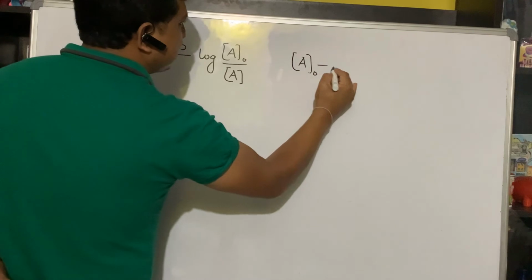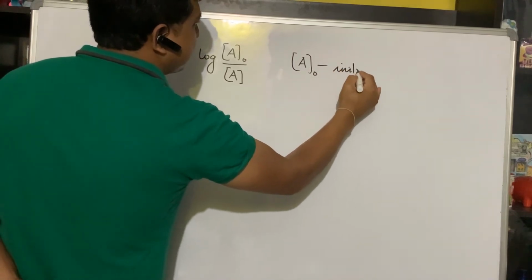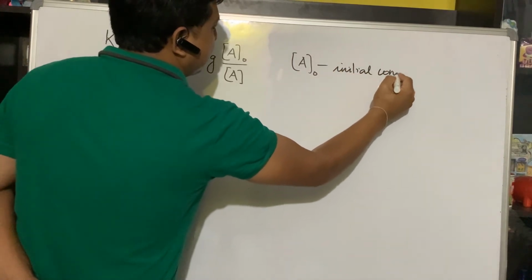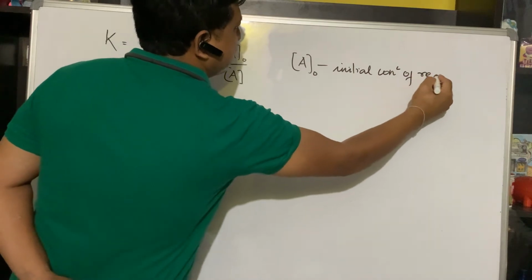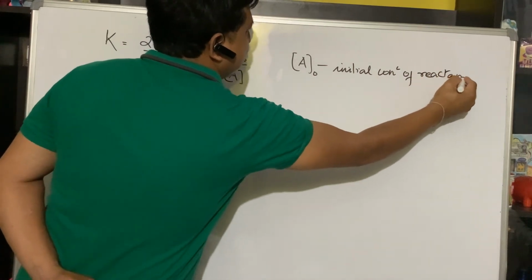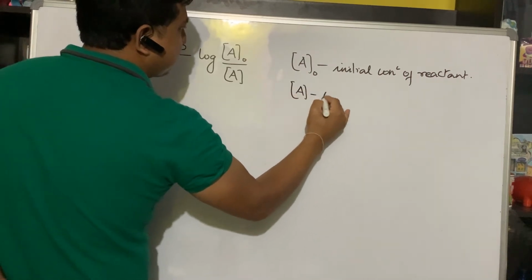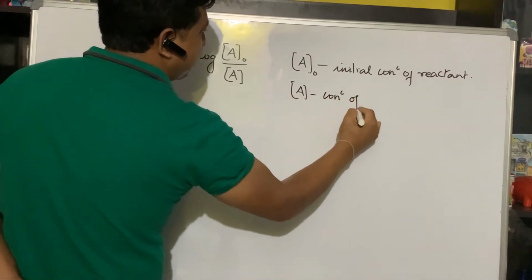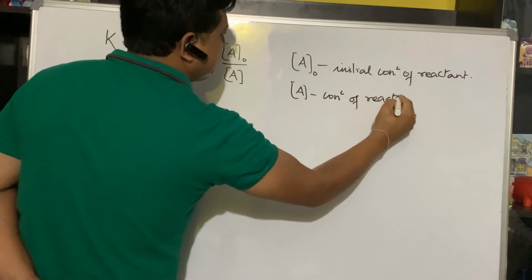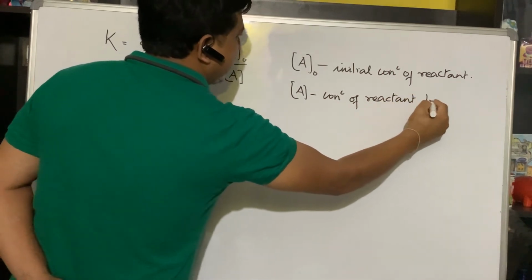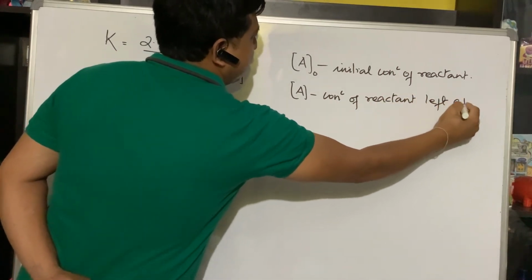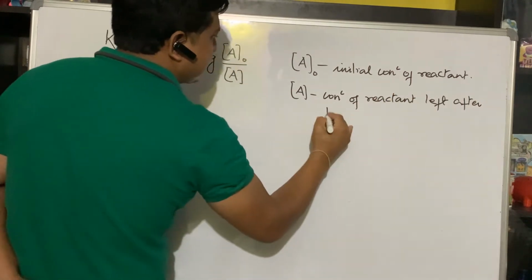A naught was the initial concentration of reactant. And what was this A? A is the concentration of reactant left after time t.